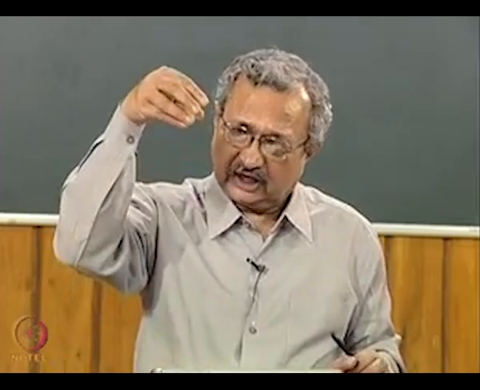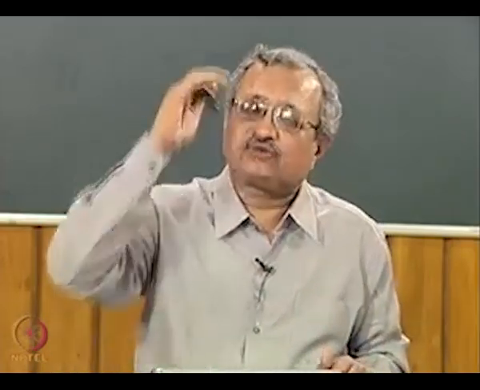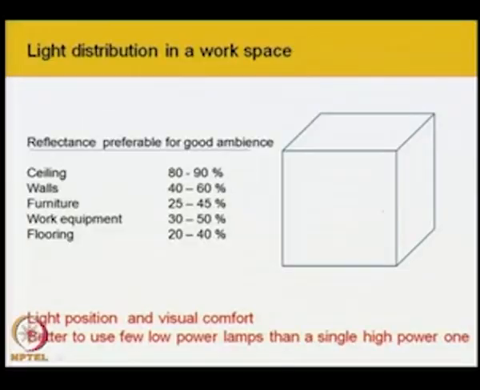So, how much light totally falls on a surface and how much is reflected, that is the reflectance value of that thing. Simply, we can say that if this is a room, from the ceiling around 80 to 90% of the total light should reflect, the walls around 40 to 60%.